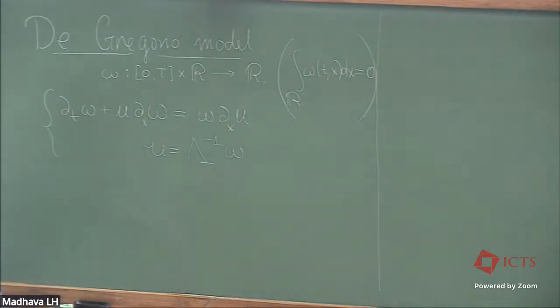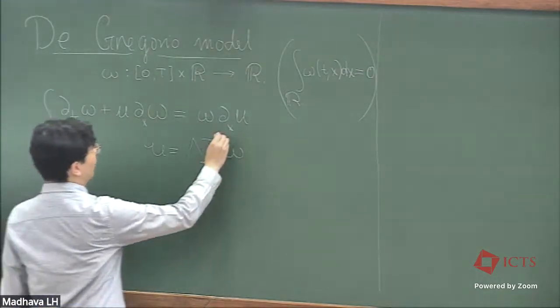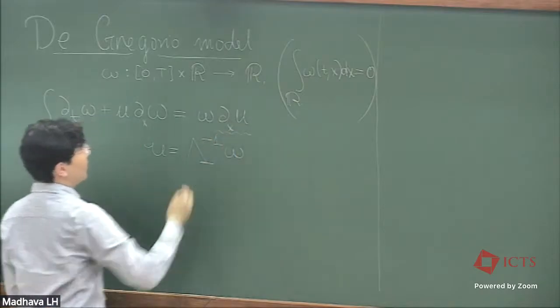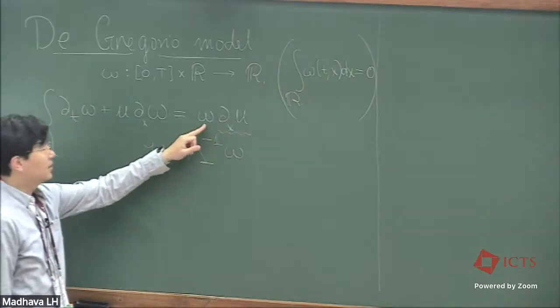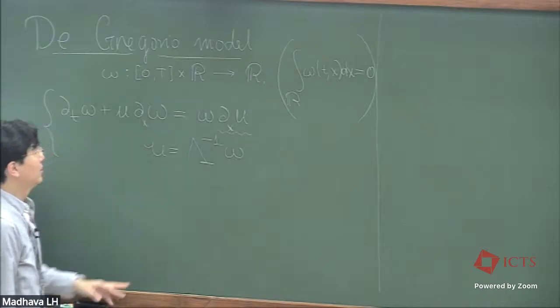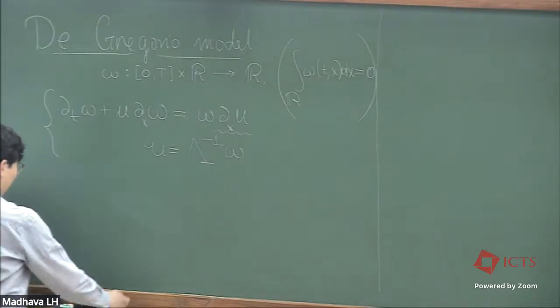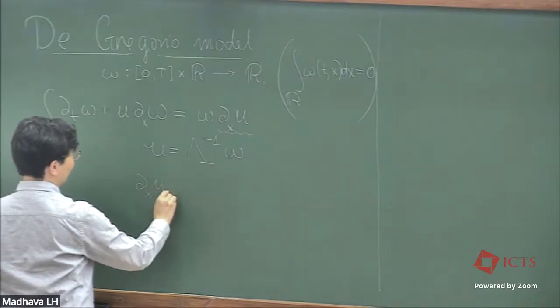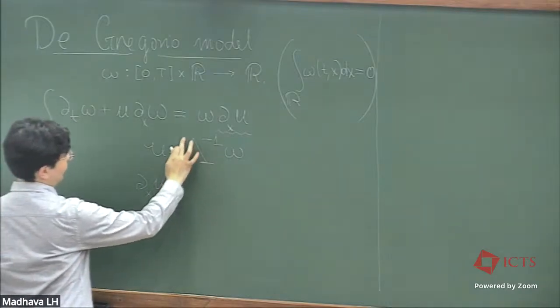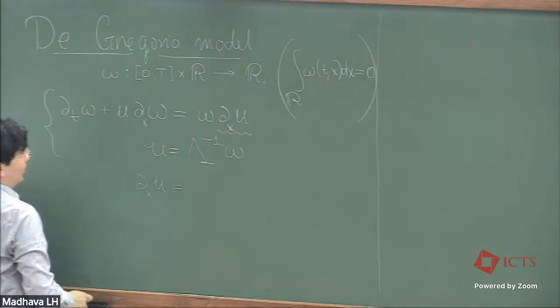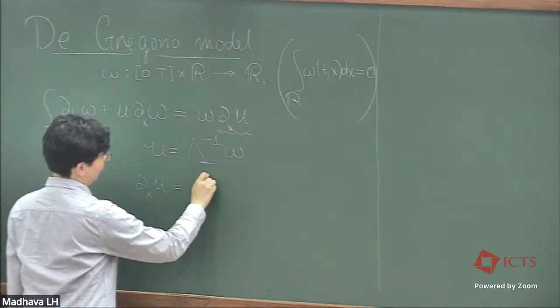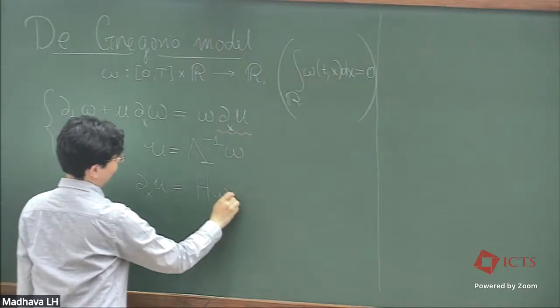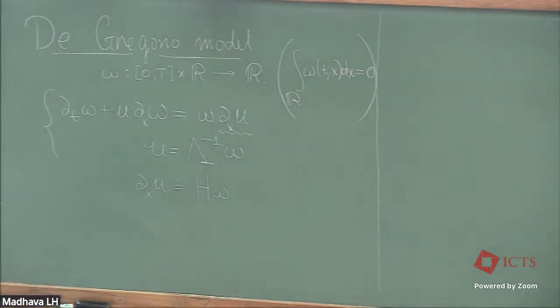So here, the key point is that in the right-hand side, we have omega times derivative of u. And derivative of u, that's the key point. Derivative of u is derivative of this Zygmund inverse, which is called the Hilbert transform of omega.